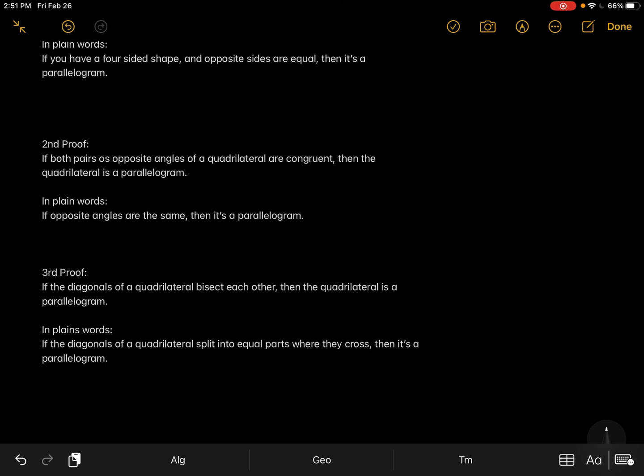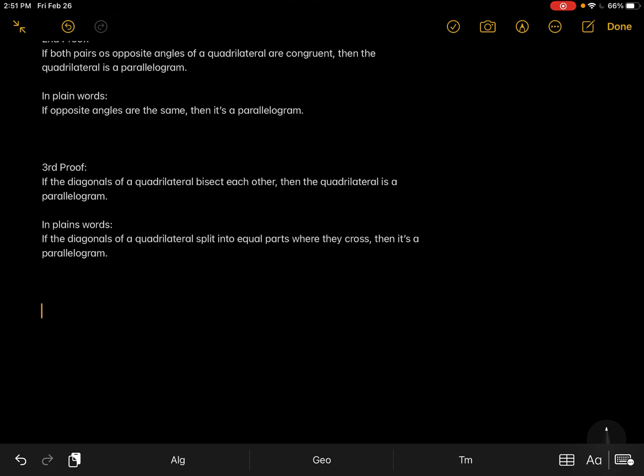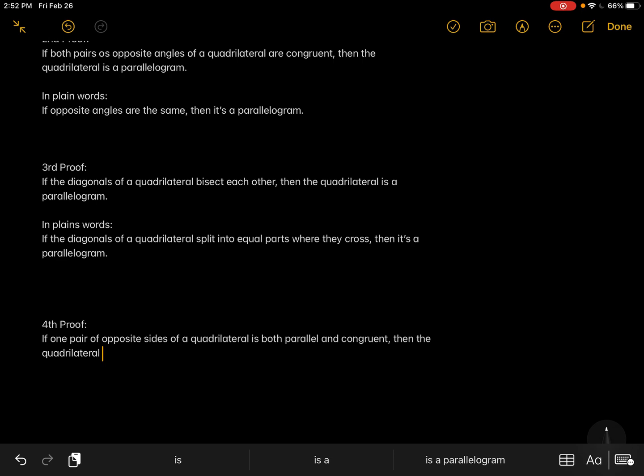Our last proof here, so it's our fourth and final proof, is if one pair of opposite sides of a quadrilateral is both parallel and congruent, then the quadrilateral is a parallelogram.